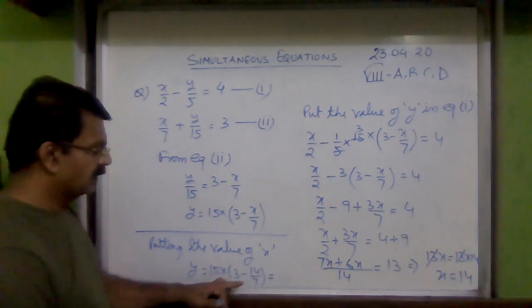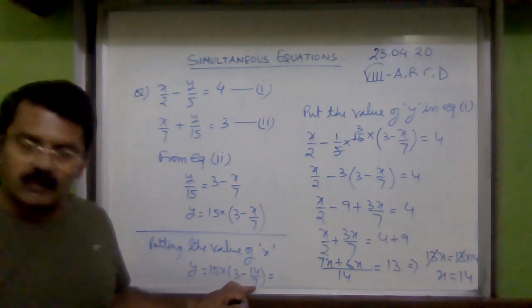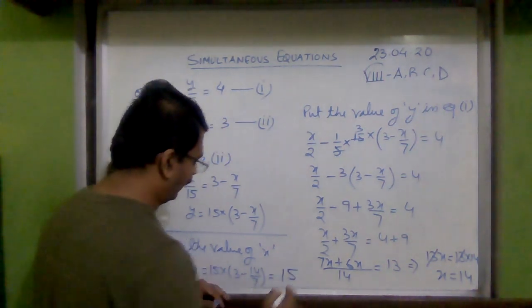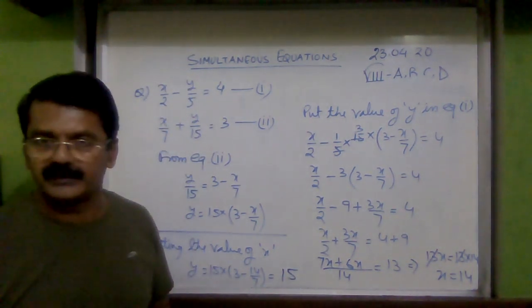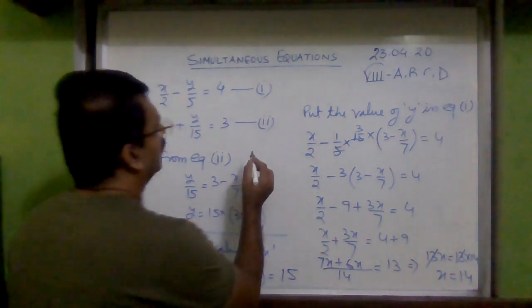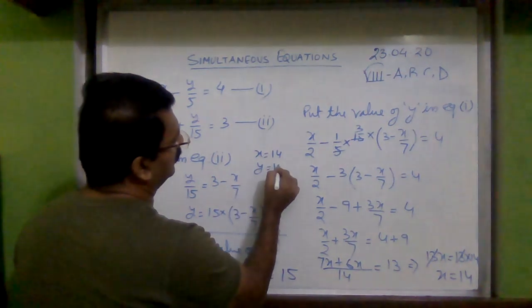Now see, 14 by 7 is 2, 3 minus 2 is 1, and 15 into 1 is 15 only. So we have found that y is equal to 15. So x is 14 and y is 15. X is equal to 14 and y is equal to 15.